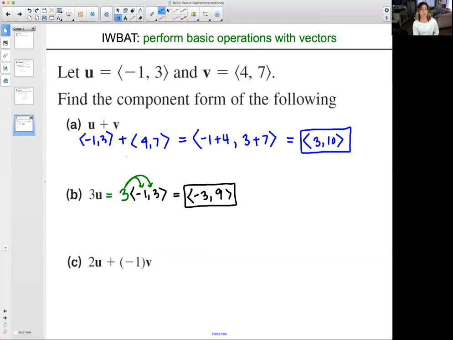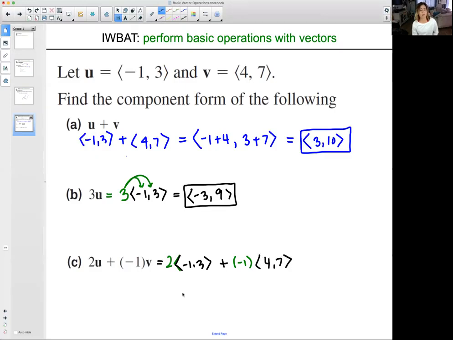Part C, we're going to do a couple of things here. You're first going to multiply the scalars in. So we're going to multiply 2 times the u vector, which is -1, 3. And then we're going to add on multiplying -1 times the v vector, which is 4, 7.